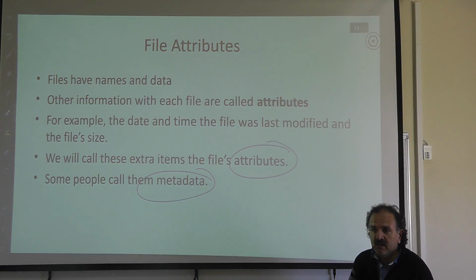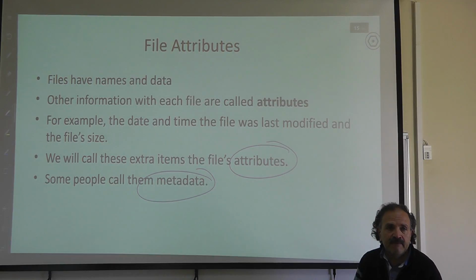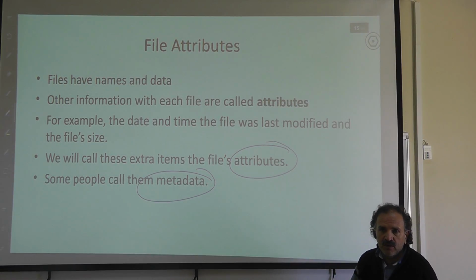In fact, it becomes a problem when you copy a file from a Unix operating system to the Windows operating system, because the ownership and the permissions of the Unix environment are different from the Windows environment. So what do you do when you copy a file from Unix to Windows? What do you do with the execution bit for the owner, the group and the others, right?